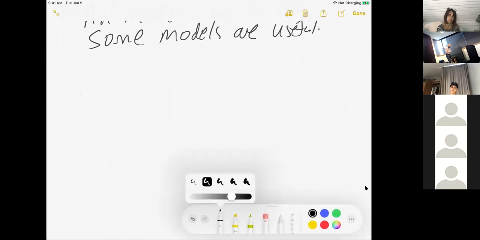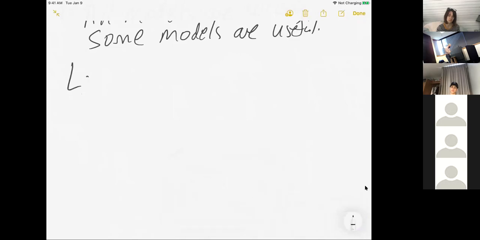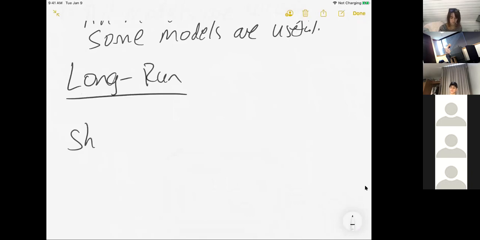And so let's be perfectly clear what we mean by the long run and the short run, because this is a distinction that is going to be really important to thinking about what we talk about over this class.